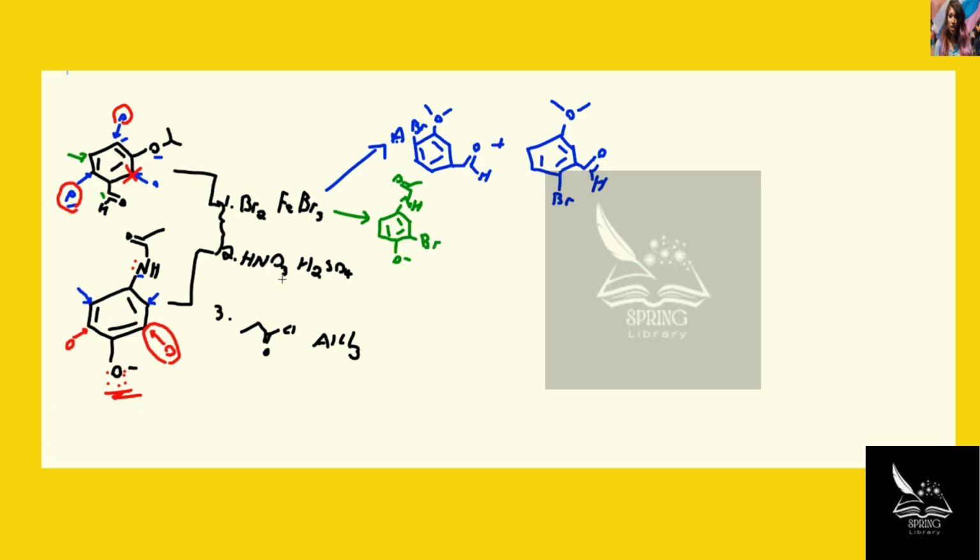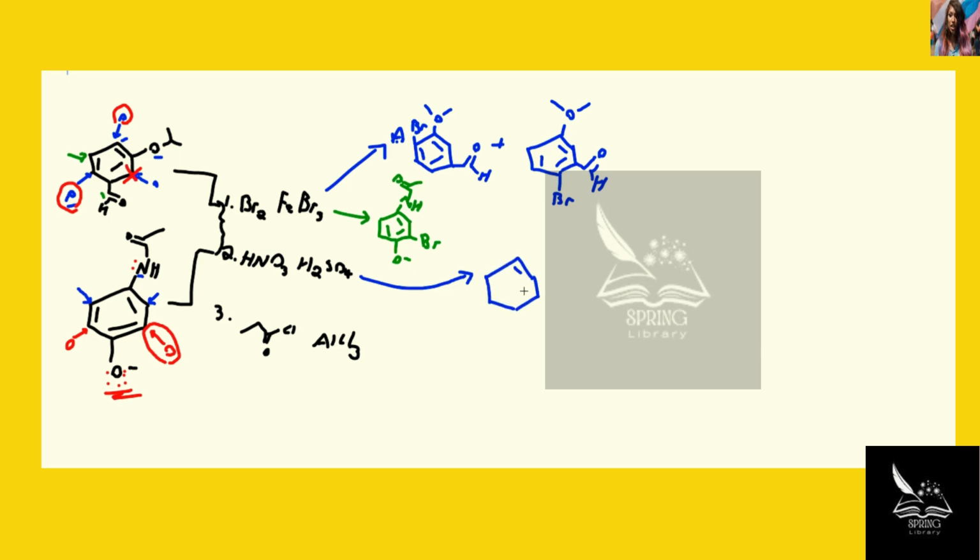Now we have nitric acid and sulfuric acid, so we're going to add a nitro group to either A or B. Because we already identified the positions where our reagent is going to add on, the rest is easy. All we need to do is fill those in at the appropriate position.